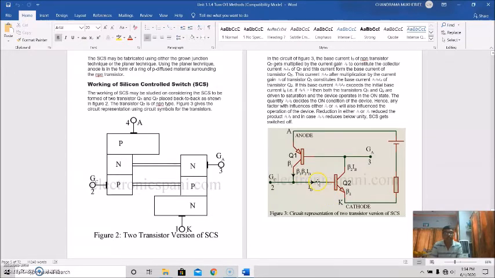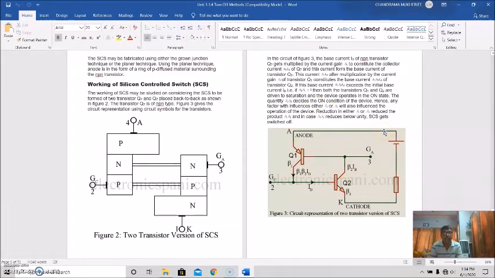Now if this base current beta 1 beta 2 IB exceeds the initial base current IB, that is if the product of beta 2 and beta 1 is greater than 1, then both transistors Q1 and Q2 are driven to saturation and the device operates in the on state. So the product of the current gains of the two transistors decides the on condition of the device.